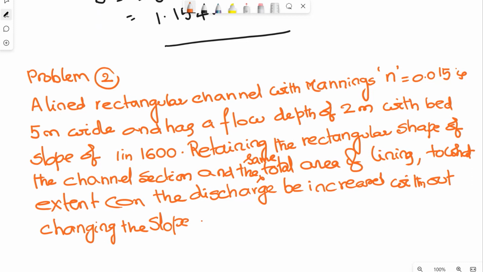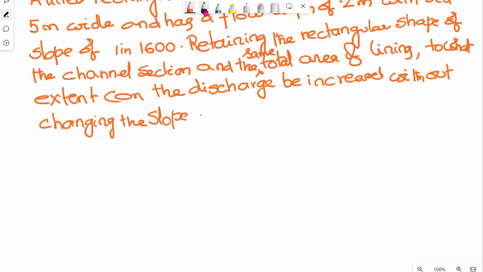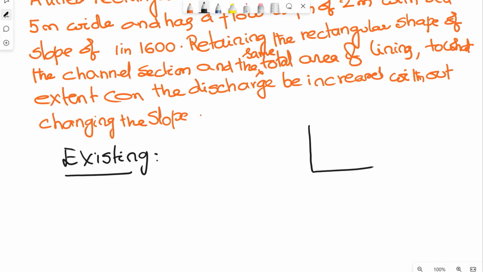What is the existing channel? The existing channel has Manning's coefficient this much, 5 meters wide, depth of flow 2 meters. If I take a rectangular channel, this is the existing one.